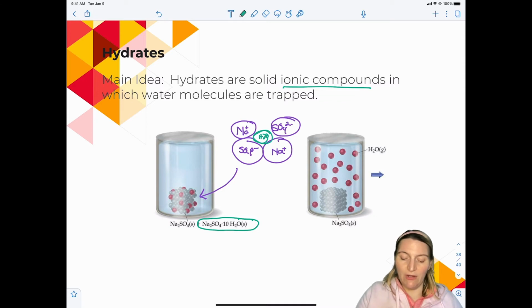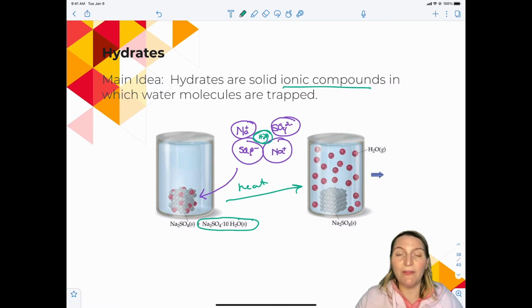And you can imagine that if I were to heat this compound up, we know ionic compounds have really, really high melting and boiling points. But water, we know, evaporates at 100 degrees Celsius, becomes a gas at 100 degrees Celsius. So if I heat this up, look at what has happened. The red are the water molecules in this diagram.